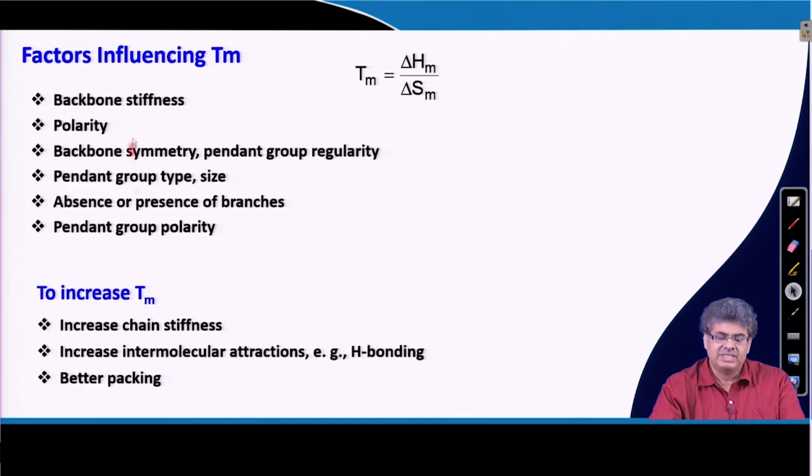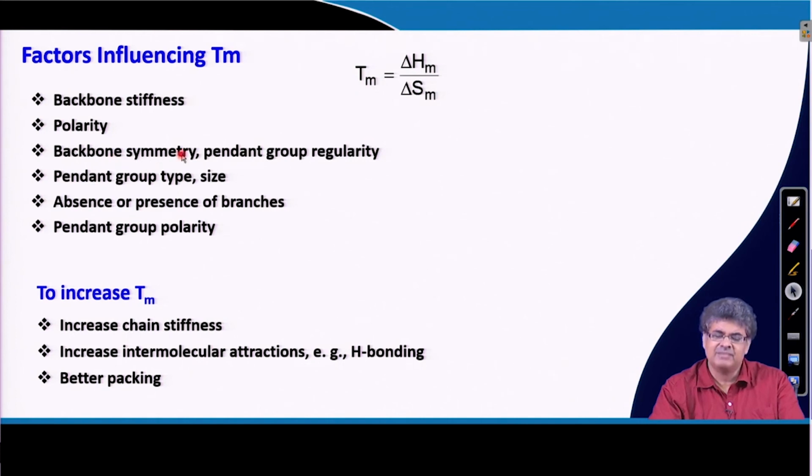Basically these all affect either delta H M or delta S M. As I discussed, if stiffness increases in the polymer chain, then delta S becomes less negative, so Tm will go up, that means it is easier for the polymer chains to crystallize. Similarly, if polarity increases, there will be more intermolecular attraction, so the magnitude of delta H will go up, and that also will increase the value of Tm, because it becomes easier for the polymer chains to crystallize.